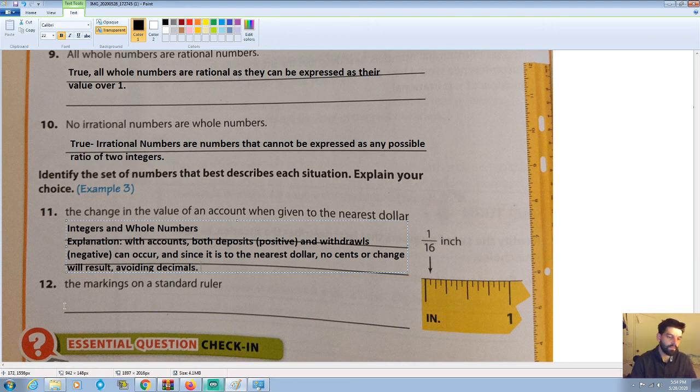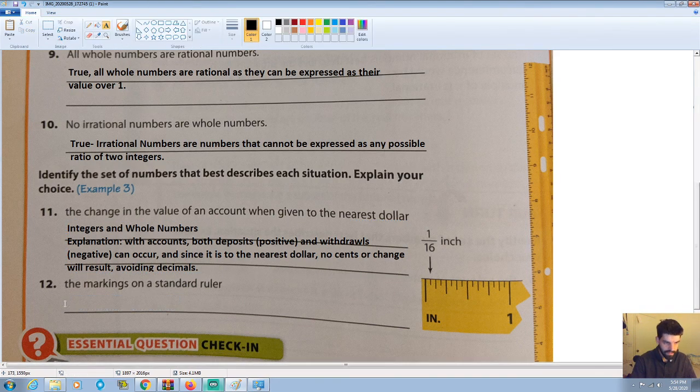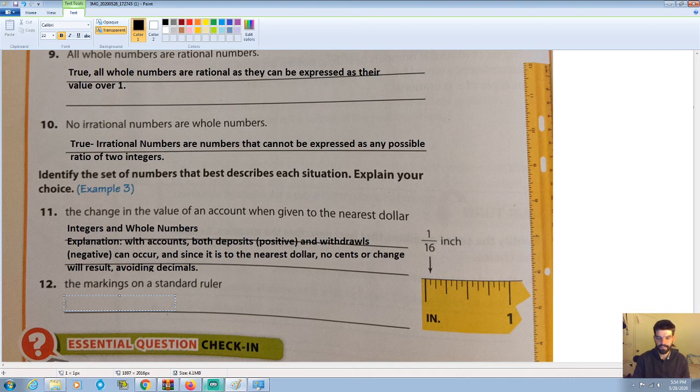Okay, the markings on a standard ruler, so that is going to be representing a fraction of an inch or a centimeter or whatever metric unit we are in question.